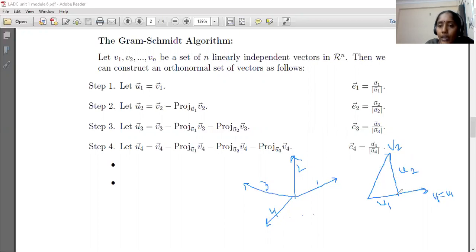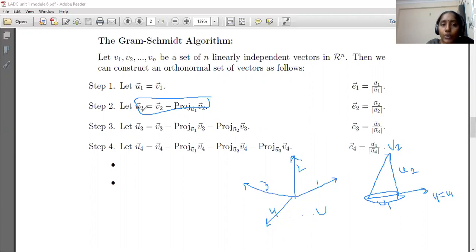From the triangle, U1 plus U2 is equal to V2. Then U2 is equal to V2 minus U1. Here what is U1? It means the vector projection of V2 on U1.